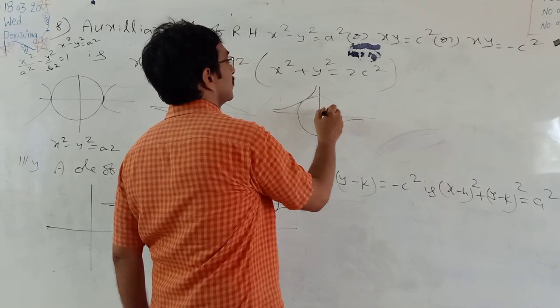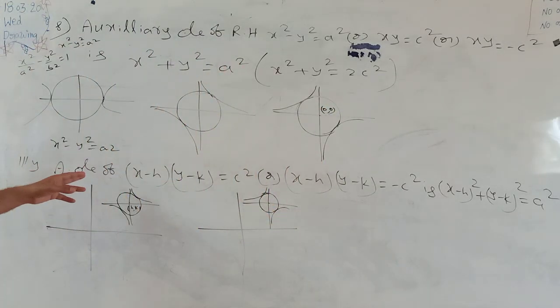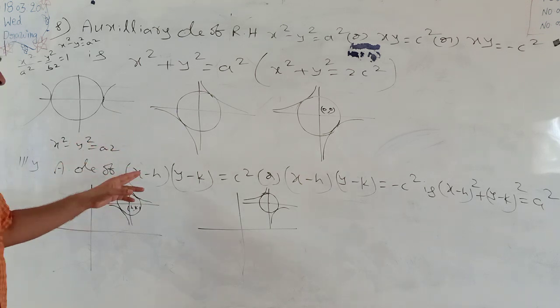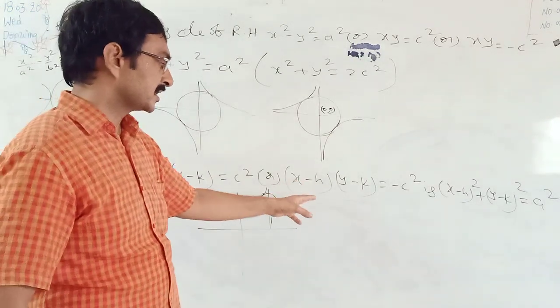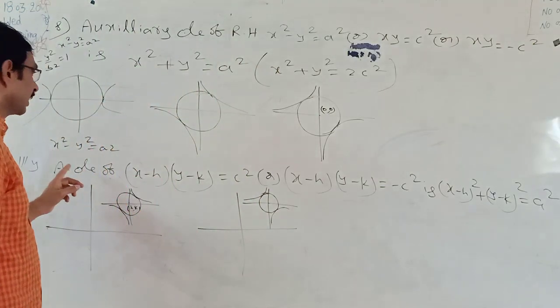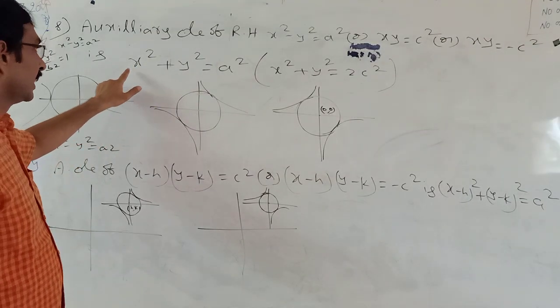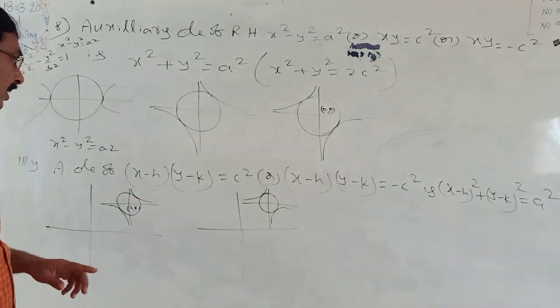They are concentric, with center 0, 0. Similarly, the auxiliary circle of the shifted rectangular hyperbolas x minus h into y minus k equal to c square or x minus h into y minus k equal to minus c square, when the origin is shifted to the point h comma k, also becomes x minus h whole square plus y minus k whole square equal to a square.